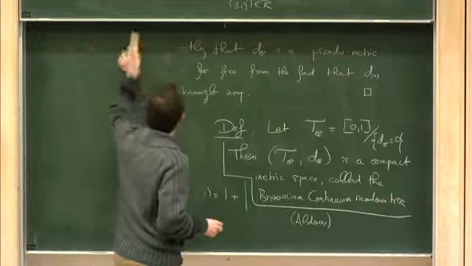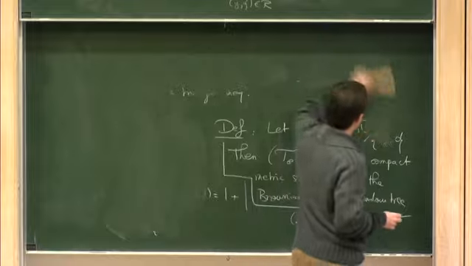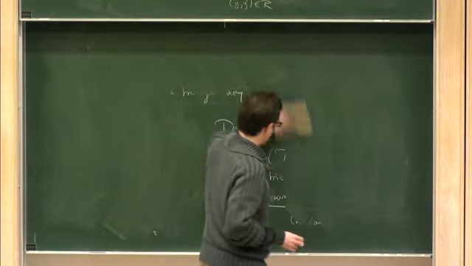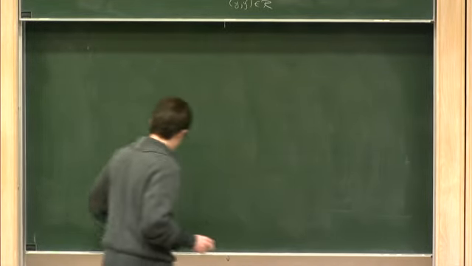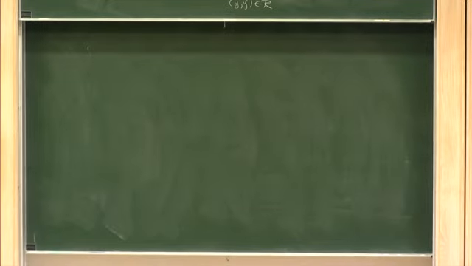And it turns out that if you now minimize the distortion over all correspondences, then you obtain a number, and this number defines a distance. So let me finish with that.